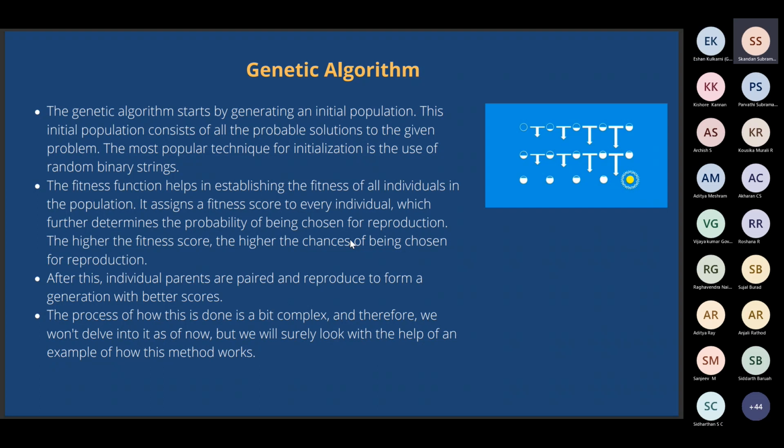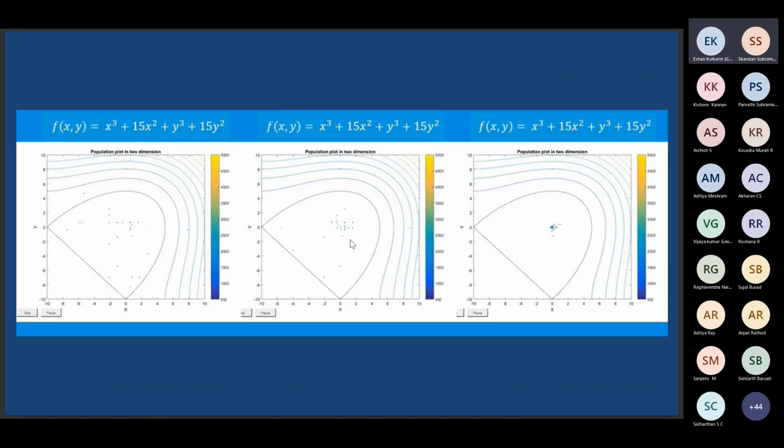I'll show you with an example. Let's take f of xy is equal to x cube plus 15x square plus y cube plus 15y square. Let's say this f of xy is the cost function and x and y are the parameters, like say weights and biases. Initially in the first graph, you can see small points dispersed randomly. This is the initial population that we take, that is the probable solutions.